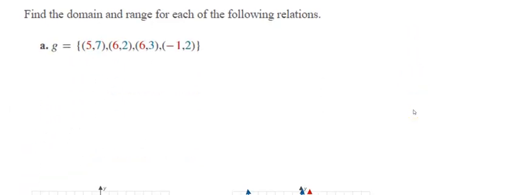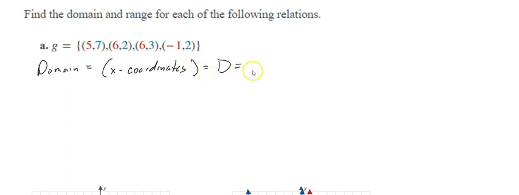Let's scroll down and see what I'm talking about here. Okay. Find the domain and range for each of the following relations. Okay. First things first, let's do domain. Remember, domain is going to be the X coordinates, which we will denote with an uppercase letter D. All we're going to do, since we're looking for the X's, is go through here and find all the X coordinates.